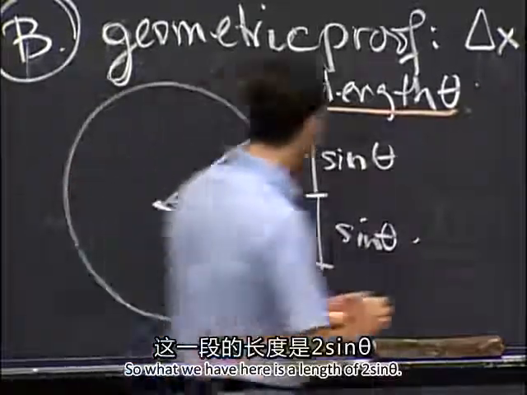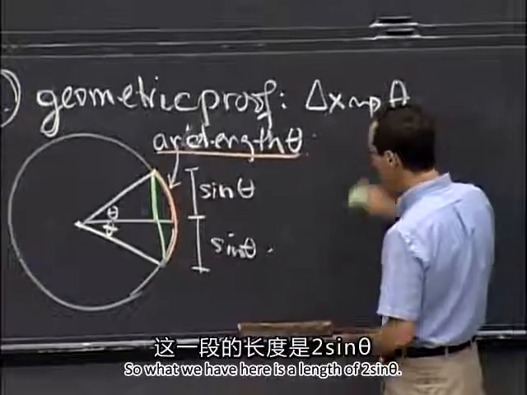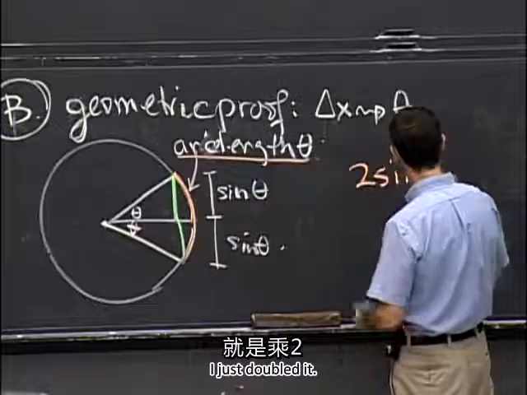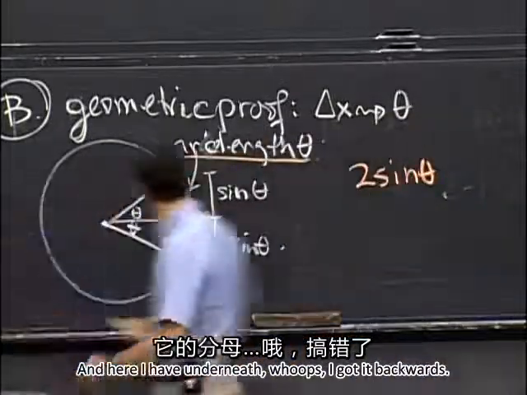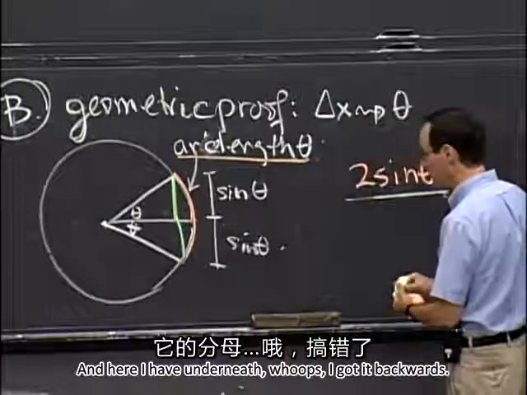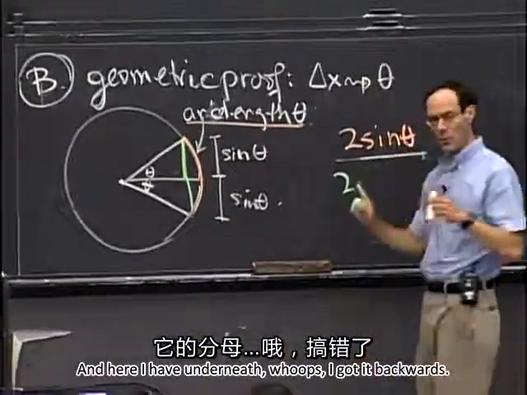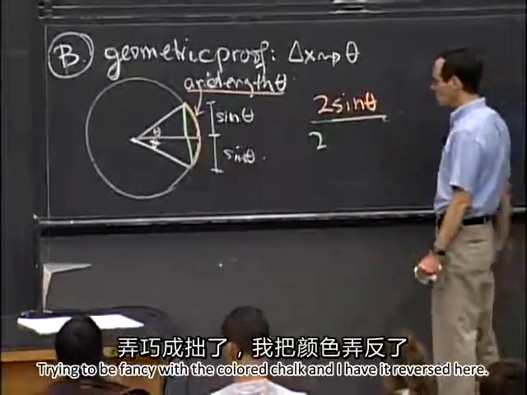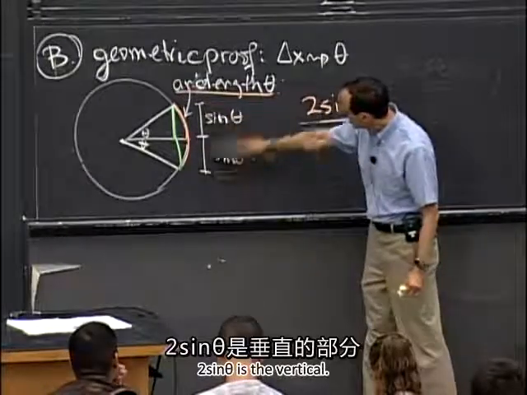So what we have here is a length of 2 sine theta, so maybe I'll write it this way, 2 sine theta. I just doubled it, and here I have underneath 2, whoops, I got it backwards. Sorry about that. Trying to be fancy with the colored chalk, and I have it reversed here. So this is not 2 sine theta. 2 sine theta is the vertical.